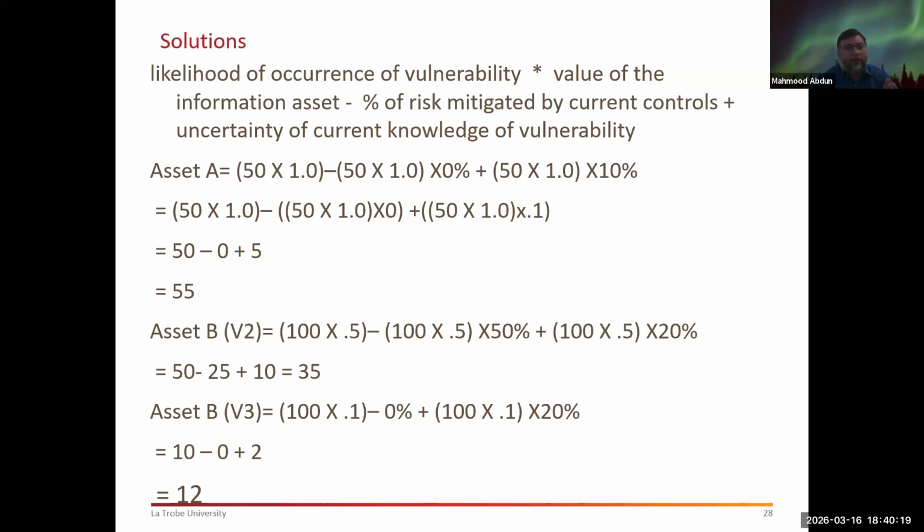So basically, in the first case, in asset A, if we didn't add this 10% uncertainty, then our risk would be simply the likelihood times frequency, correct? That would be our estimate. However, as I said before, we may not be totally sure about the frequency, or we may not even be sure about our estimate of our values.